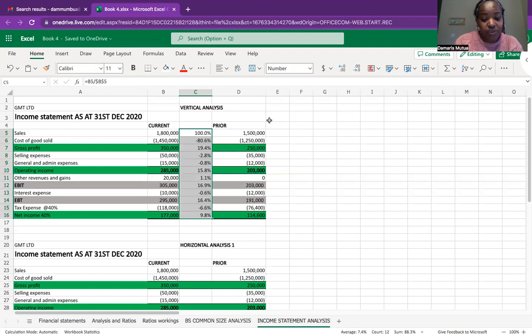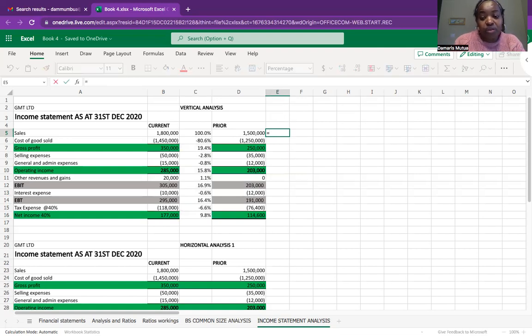Other revenues, 1.1% of sales. Our EBIT, 16.9% of sales. Our EBT, 16.4%, and our net income is 9.8%. So as an organization, our net profit, the bottom line, is 9.8% of the sales.